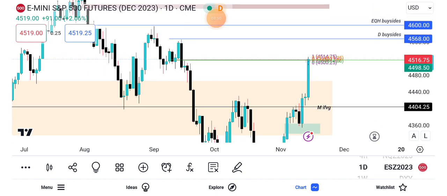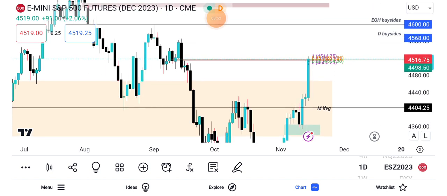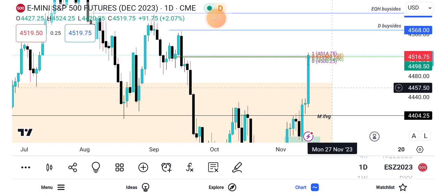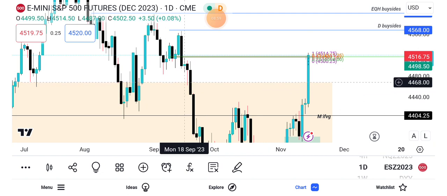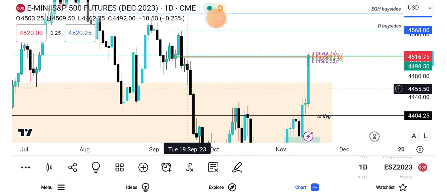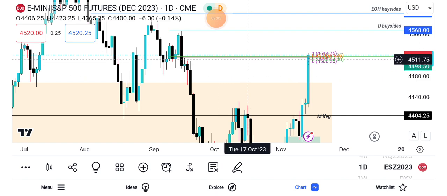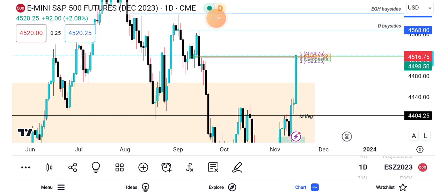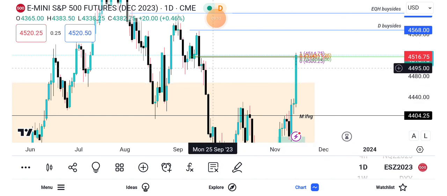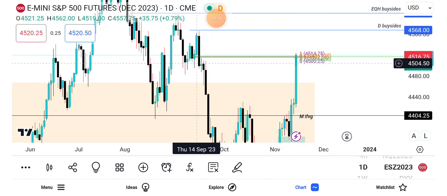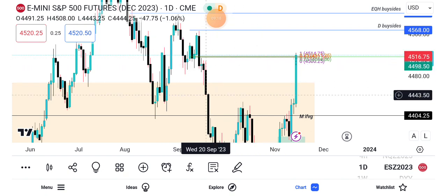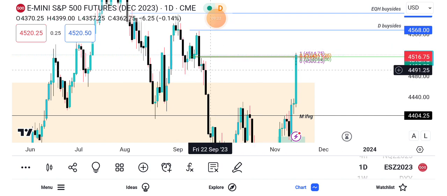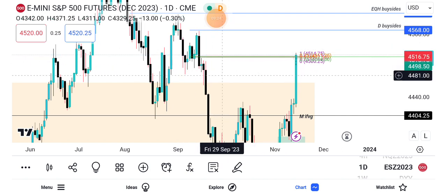Dropping lower, I guess, for tomorrow, because we have an inversion fair value gap here, this inversion fair value gap there, and also this previous order block on the sell curve. Tomorrow, because we are bullish, we'll wait and see how price reacts along these levels here.